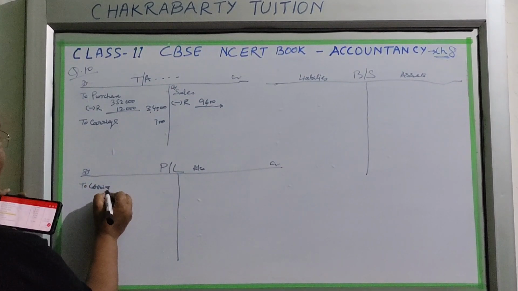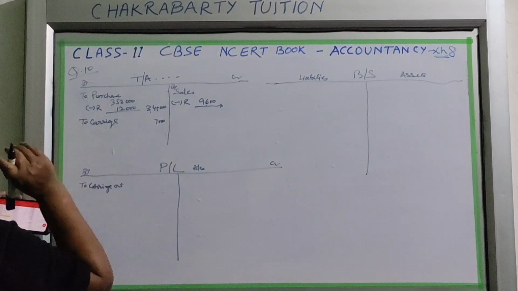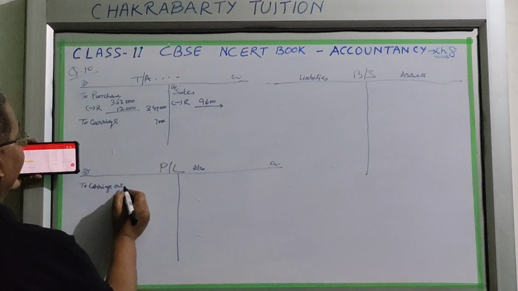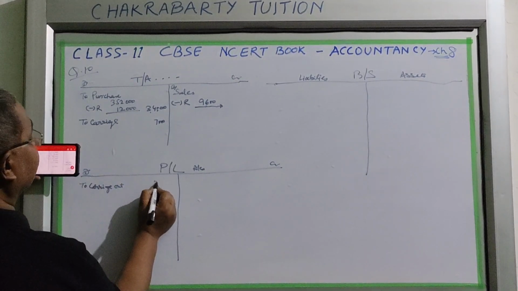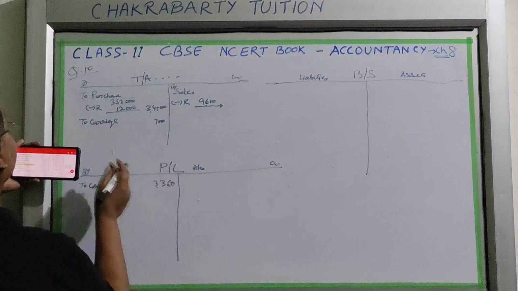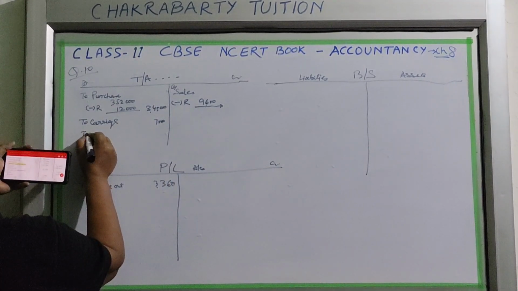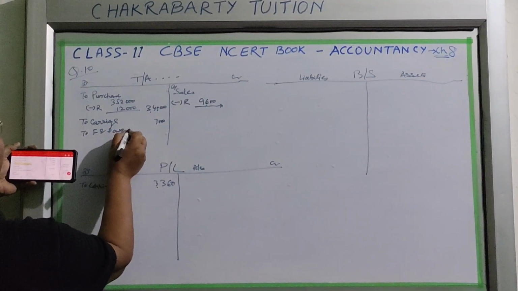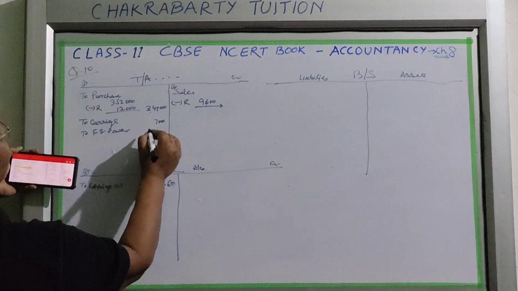So carriage outward, 3,360 comes here. These direct expenses, I have told you 3 items, that you keep in your mind. Fuel and power, so it is manufacturing expenses. Fuel and power 24,800.